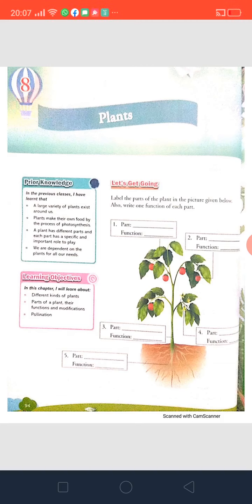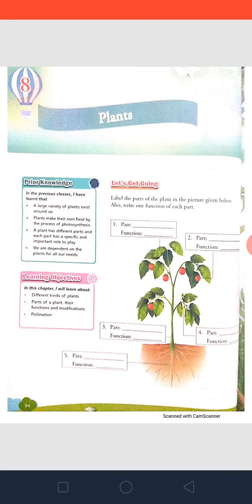It is flower. Yes, then write down here flower. Flower function, very important function, because it is the attractive part of the plant. It helps in reproduction. Very good.